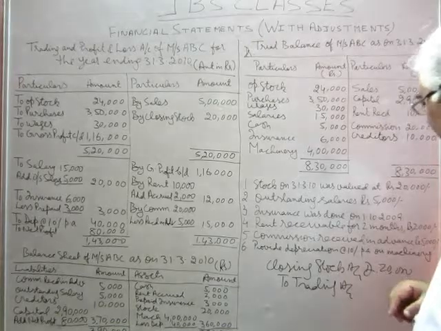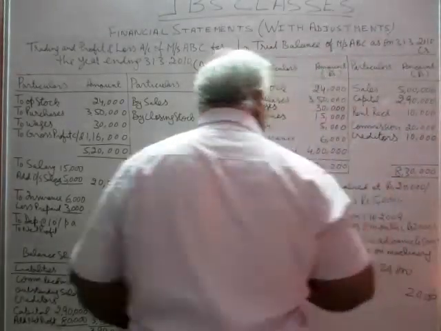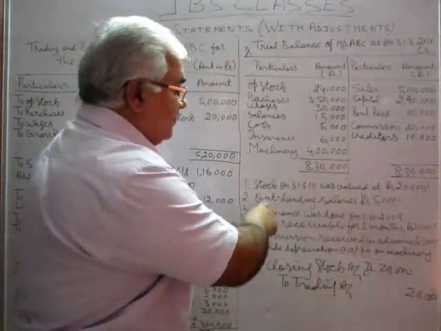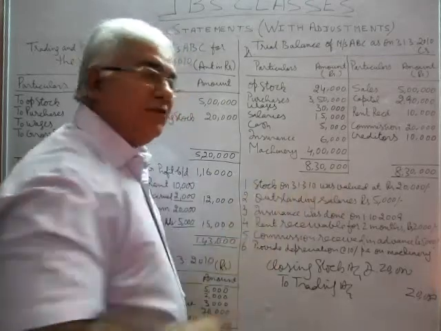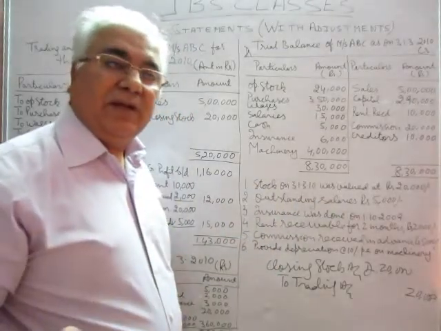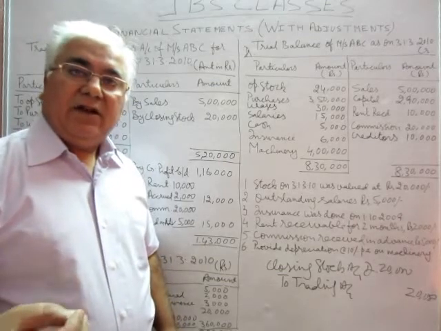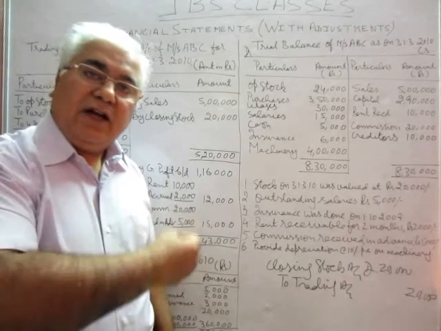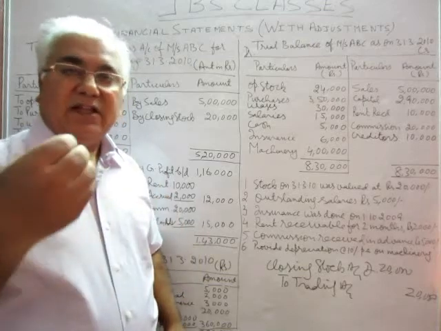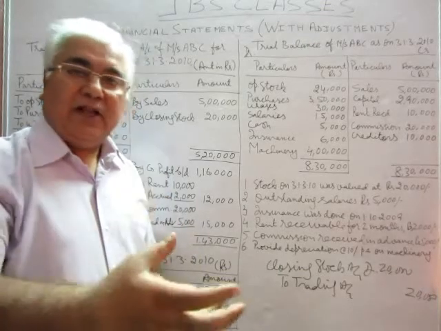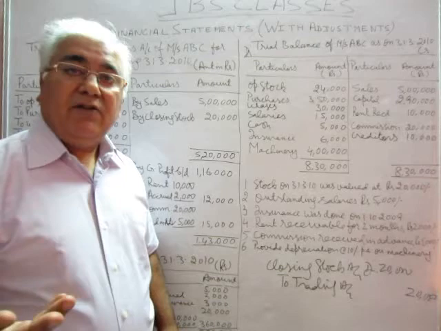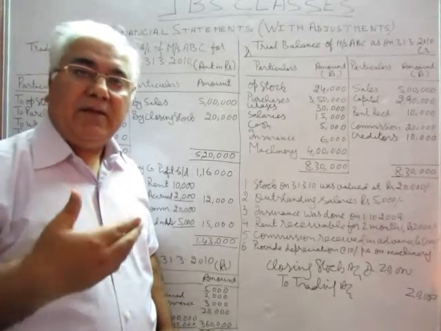Let us now see what is our other adjustment. Outstanding salaries rupees 5,000. What does it mean? It means we have not paid salaries amounting to 5,000 for the current year. Naturally, it's an expense. It should be booked to salaries account, and since we have not paid it, we must create a liability.